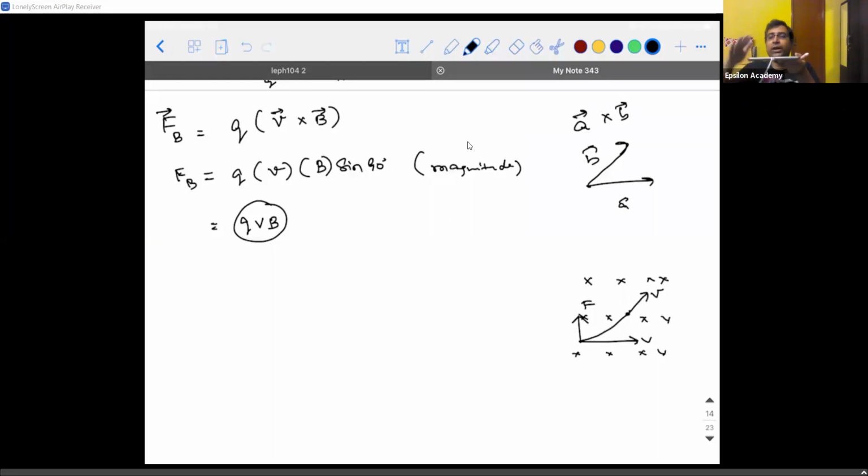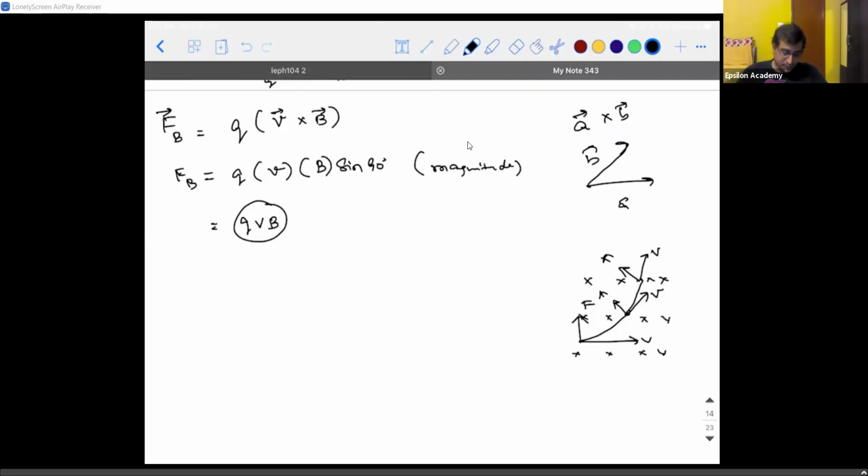So the force will be perpendicular to velocity, hence it will again take a turn. If you see in this manner, the particle will start taking a circular turn.